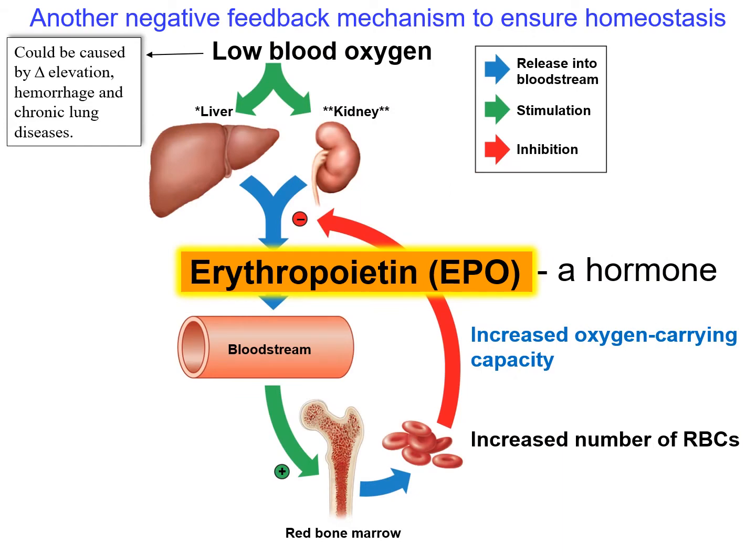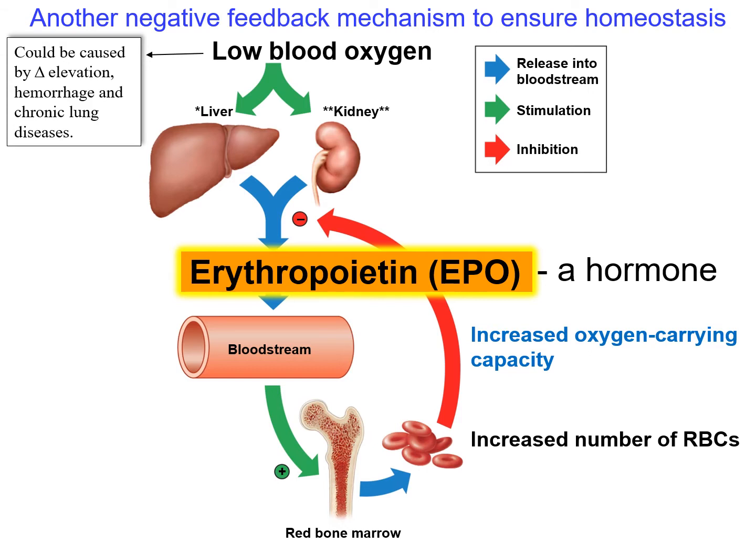We've talked about negative feedback quite a bit in the last few months. This is another example of maintenance of homeostasis as it pertains to oxygen carrying capacity of our blood. It's been shown that if your blood oxygen level falls, which could be a result of going up in elevation, or losing blood, or having some sort of a chronic lung disorder like emphysema, perhaps, that there are special receptors in our liver and in our kidney.